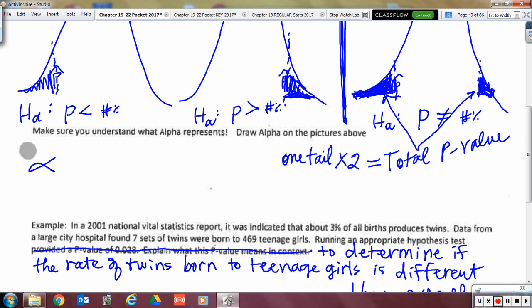Let's review that we know our alpha is also a shaded area. It's the size of the rejection region. Okay, so when they dictate to us an alpha, then we know we're going to compare our p-value shaded area to the alpha shaded area like we discussed yesterday.